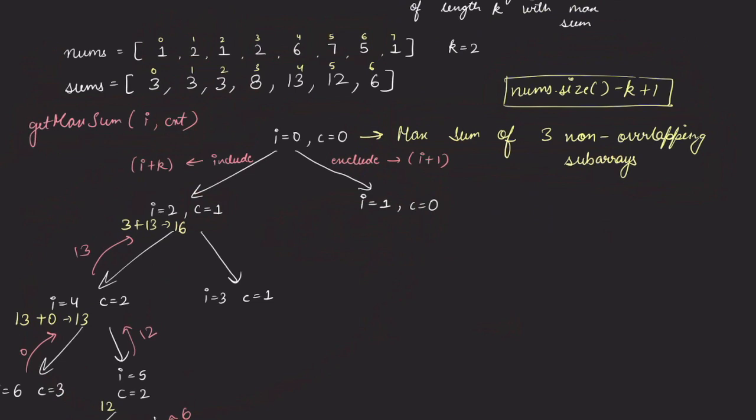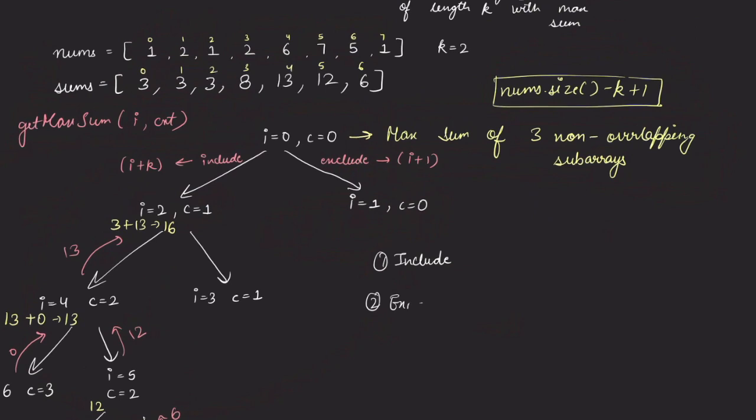Basically, for every index, again, I will have two choices. The first choice will be that I include it, right? And the second choice is that I exclude it, right?